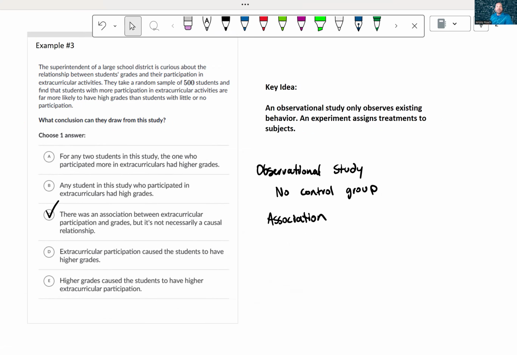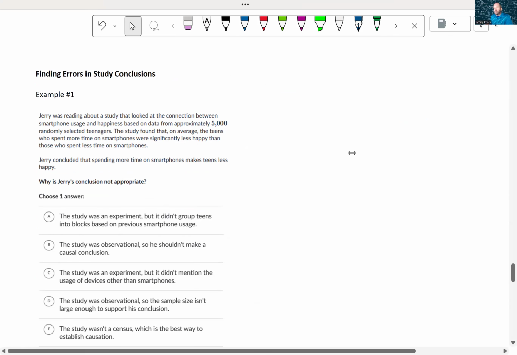All right, the next section is we're going to look at finding errors in our conclusions. I believe this is the last section of this lesson. Here we're going to use what we've already learned about causation and association. We're also going to think about our key terms.